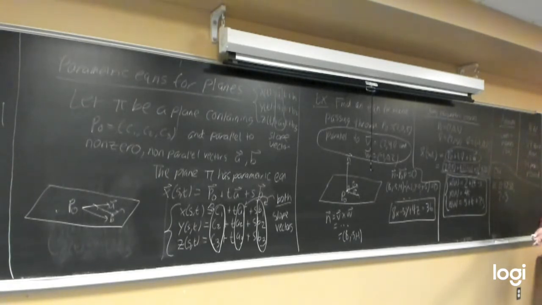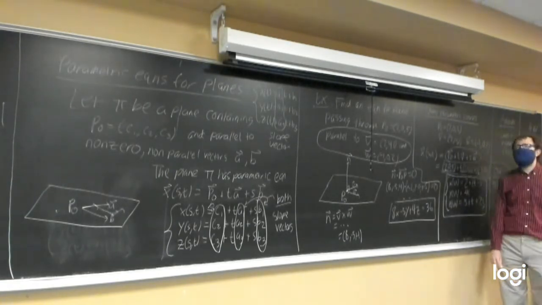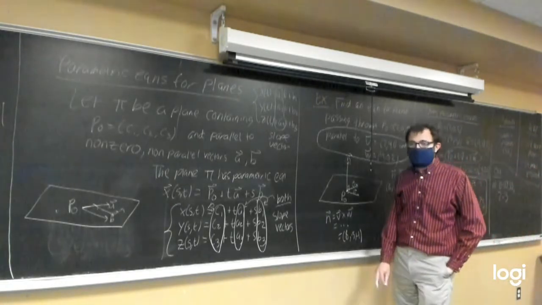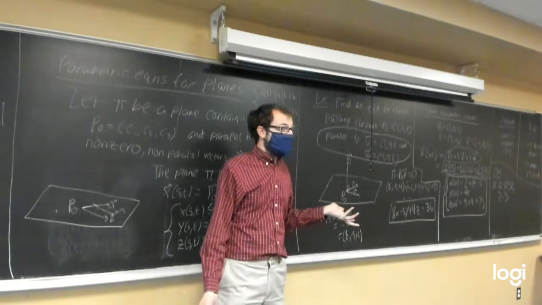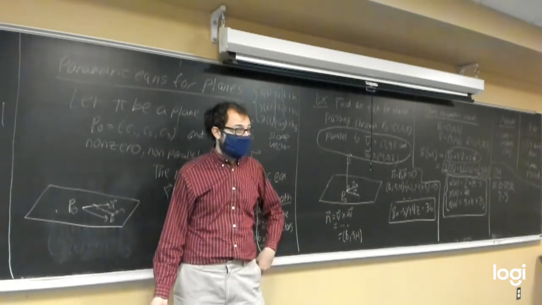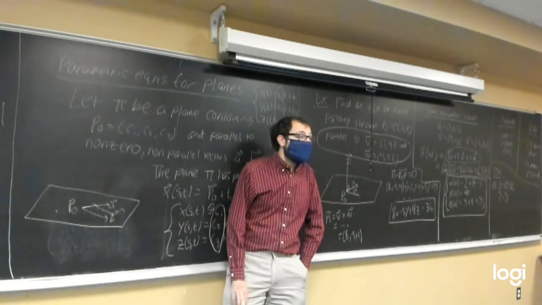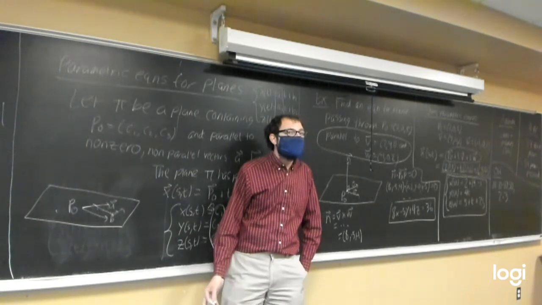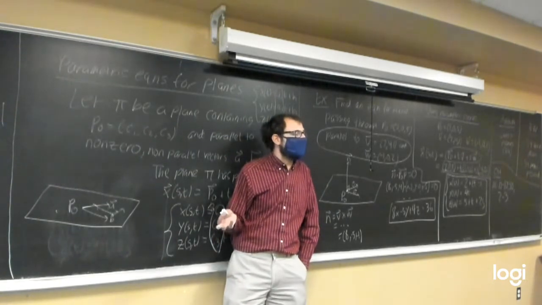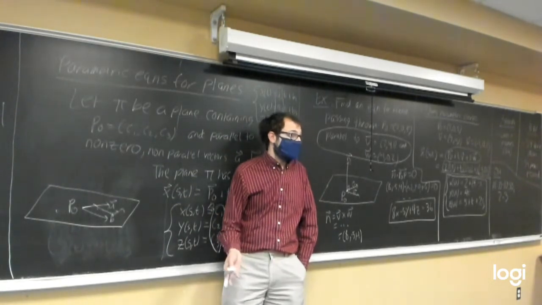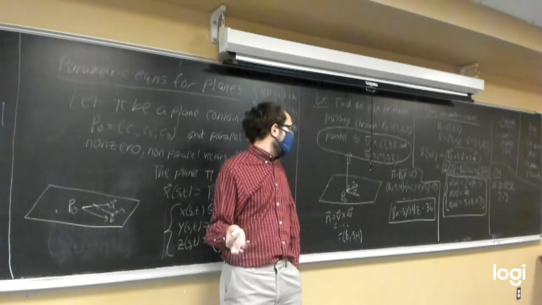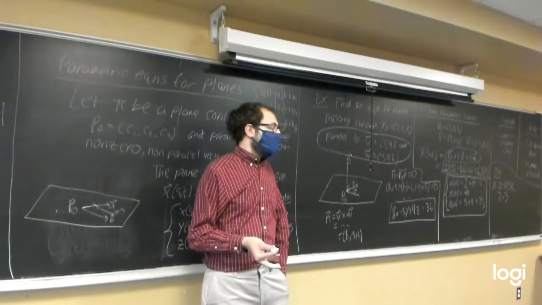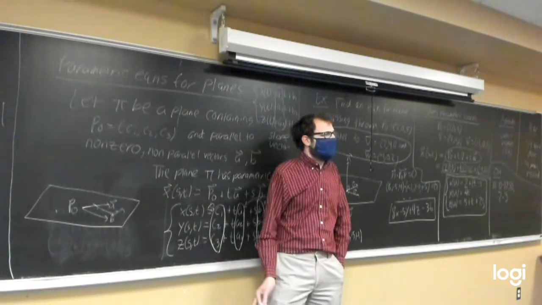What would be a different type of problem, though, that might be easier to use this standard form of a plane instead of the parametric form? So in other words, what would be one way that we could be given some information and asked to find a plane that would make it easier to find the standard form of that plane rather than to find the parametric form?